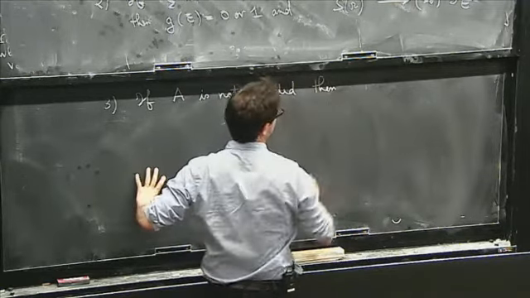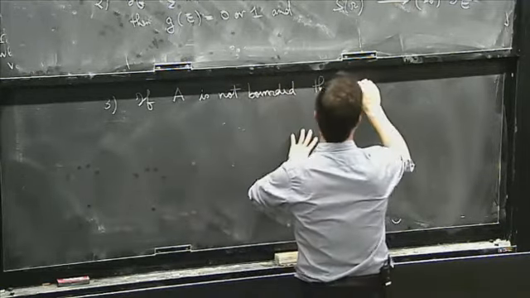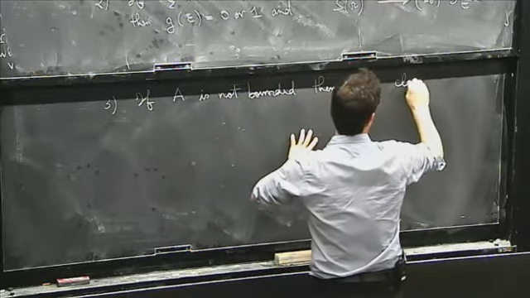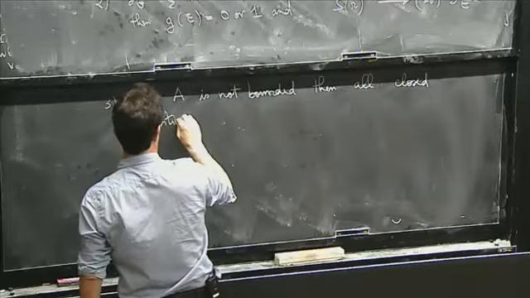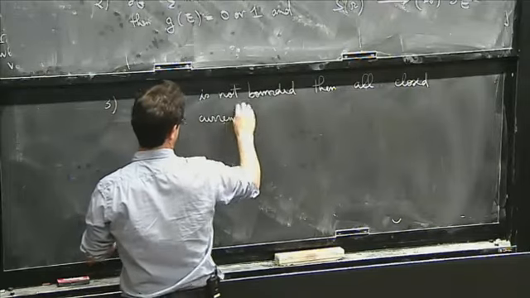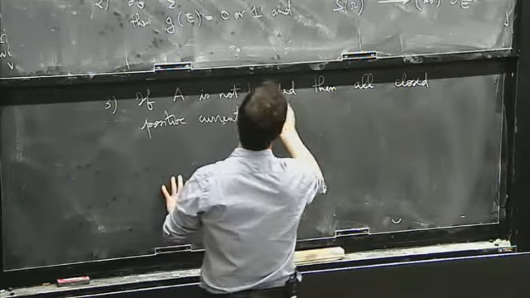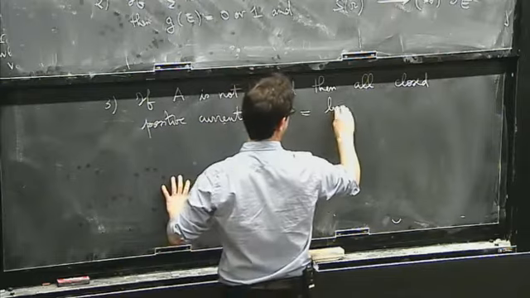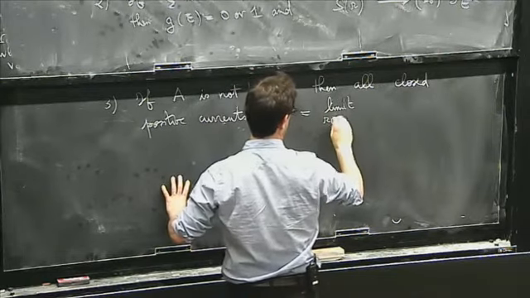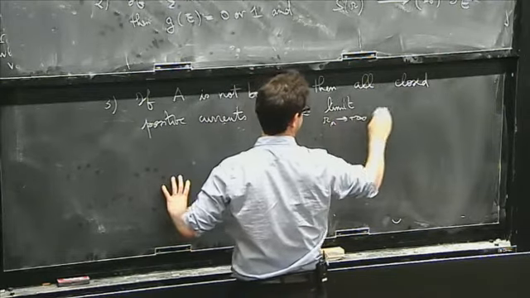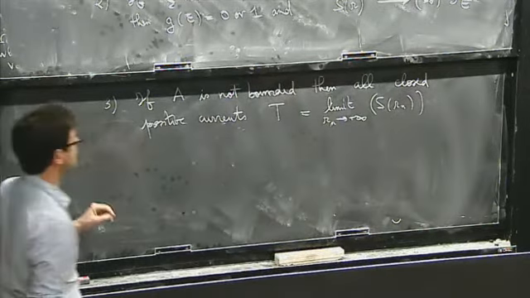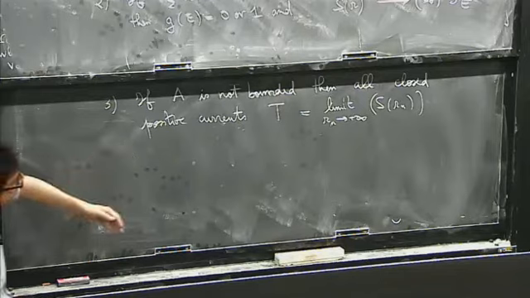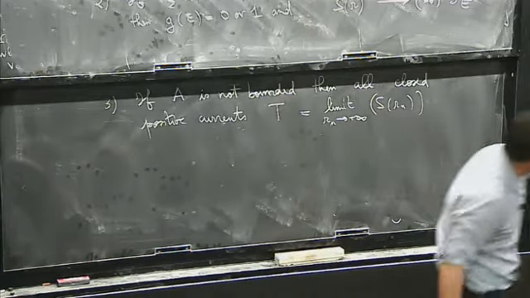Then there are closed positive currents T, which are limits along a subsequence of S. Okay, so there are such currents by the previous argument.